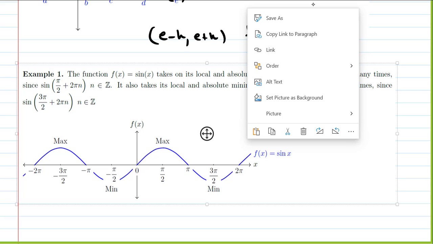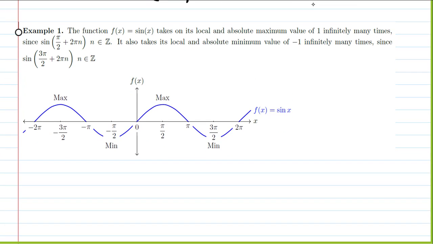So example 1, the function f of x equals sine x takes on its local and absolute maximum value of 1 infinitely many times, right? Because our sine wave goes up, comes back down, goes back up, and it does it forever in both directions. So we have our maxes, we have our mins, and they are both local and global because they are all equal to the same value of 1.